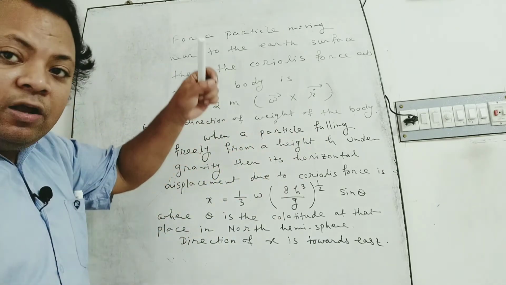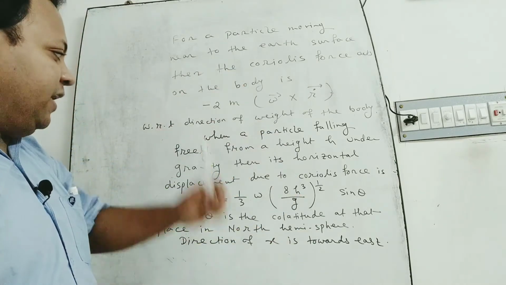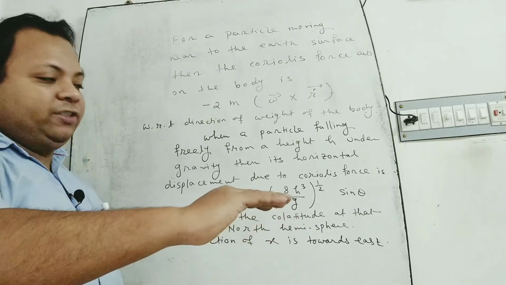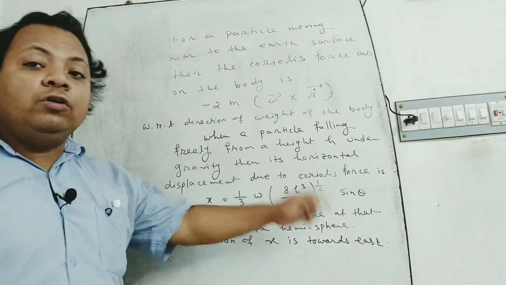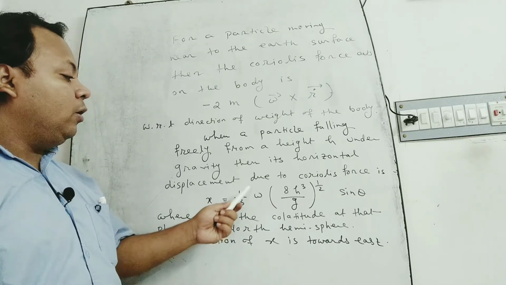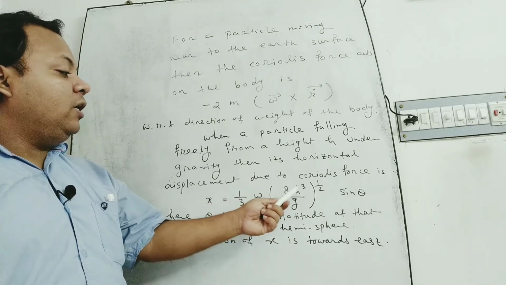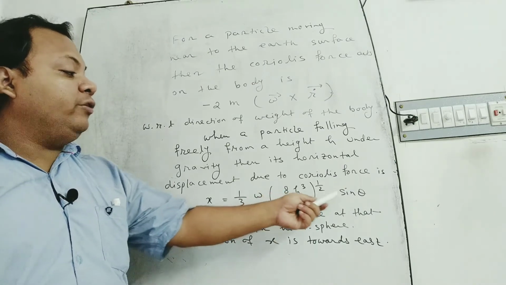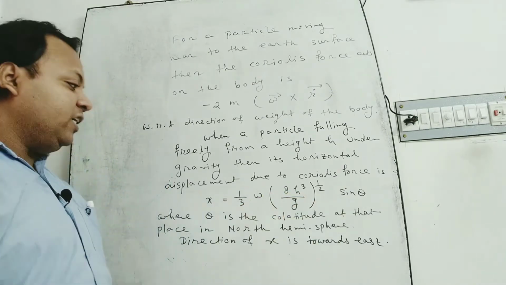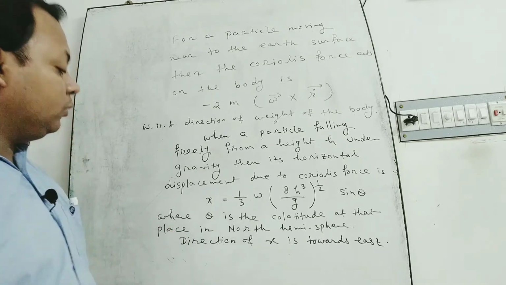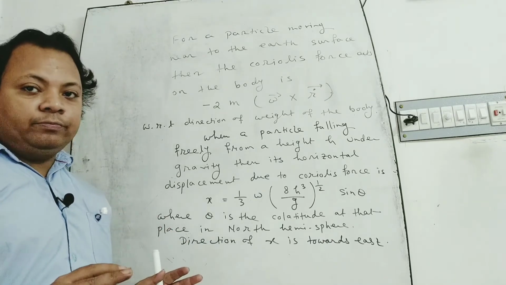When a particle falls freely from a height h under gravity, its horizontal displacement due to the Coriolis force is x equal to 1 by 3 omega into 8 h cube by g whole to the power half into sine theta, where theta is the co-latitude at that place in the northern hemisphere.